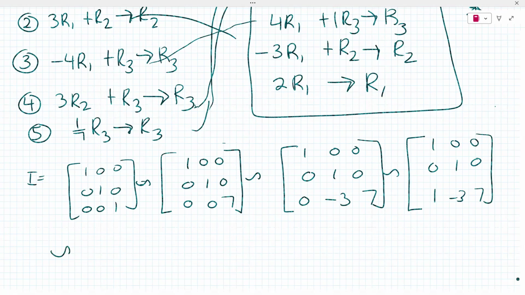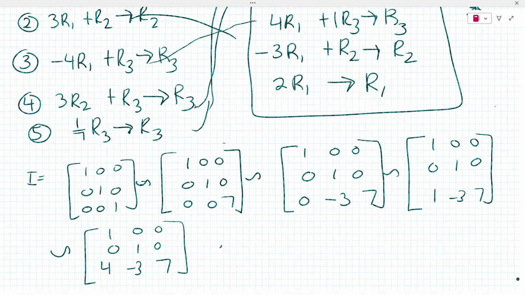Continue. The next one, you're still messing with row 3. It's 4 times row 1 plus 1 row 3 gives us your new row 3. When you do that, that should give you 4, negative 3, 7, 0, 1, 0, 1, 0, 0.